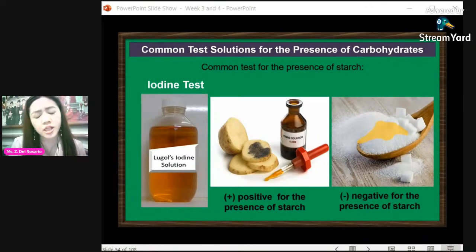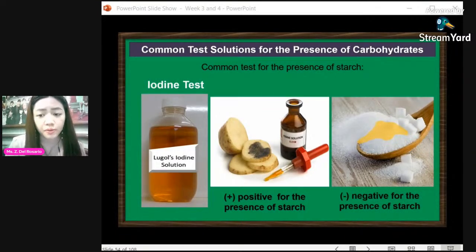The yellow-orange iodine will turn into blue-black as it reacts with starch. And if there is no change in color, that means there is no presence of these carbohydrates, or there are only simple carbohydrates present.